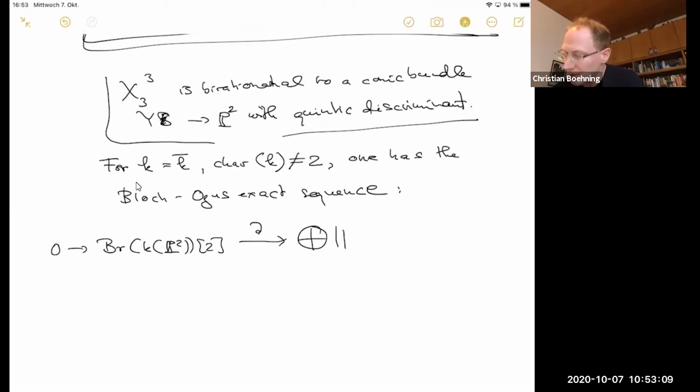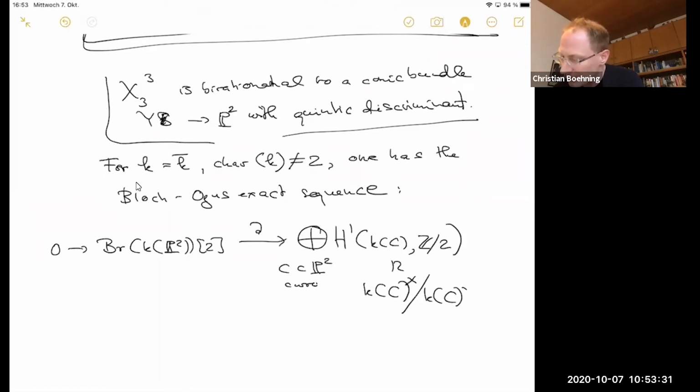So this has target the direct sum taken over all curves in P2 of the H^1 with Z mod 2 coefficients, which by Kummer theory you can just identify with the function field of that curve, its invertible elements modulo squares. So this is Kummer theory, yes.